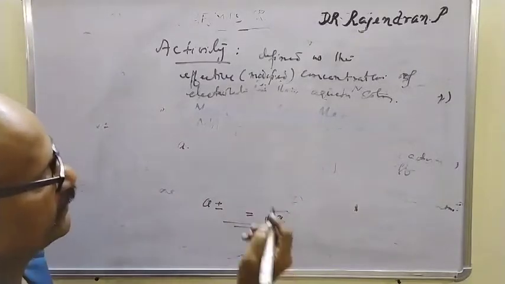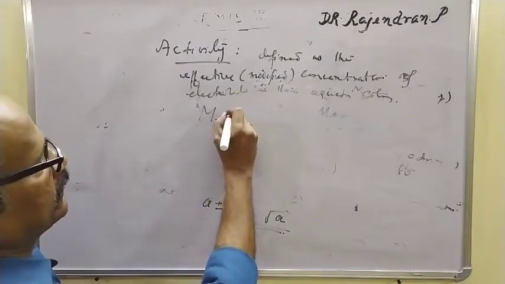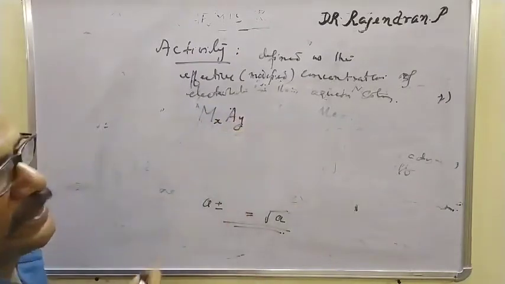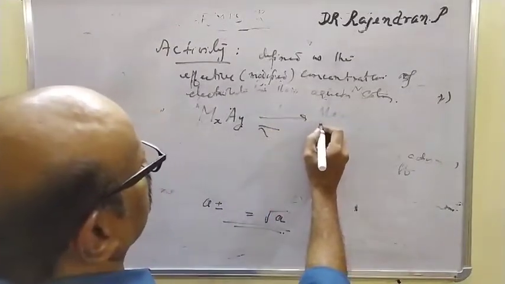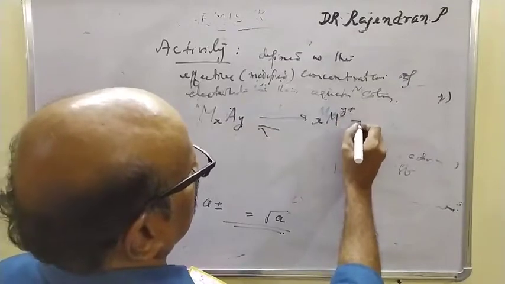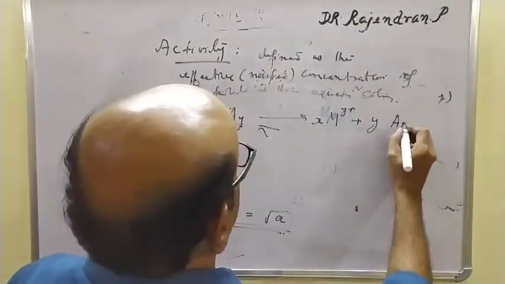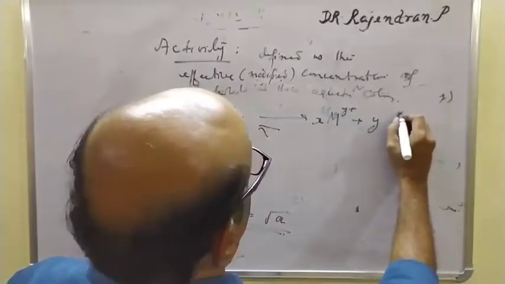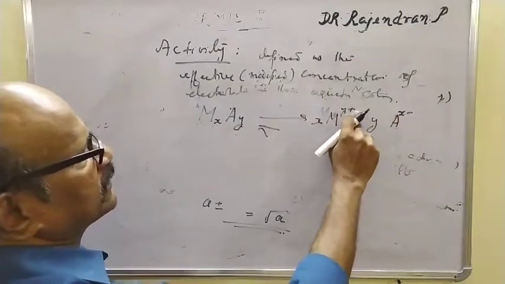Generally, suppose the case of an electrolyte of type M x A y. It will dissociate into x M to the y plus and y A to the x minus. This is a numerical number, the valence is a number.